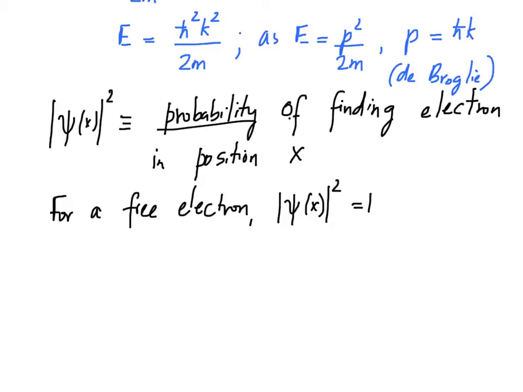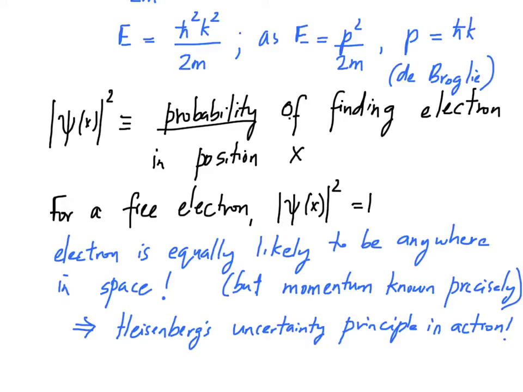This is actually Heisenberg's uncertainty principle in action. So the position of the electron is completely uncertain. It could be equally likely to be anywhere in space, which is the hallmark of the electron being completely free, right? It's totally free. It can be anywhere it wants.